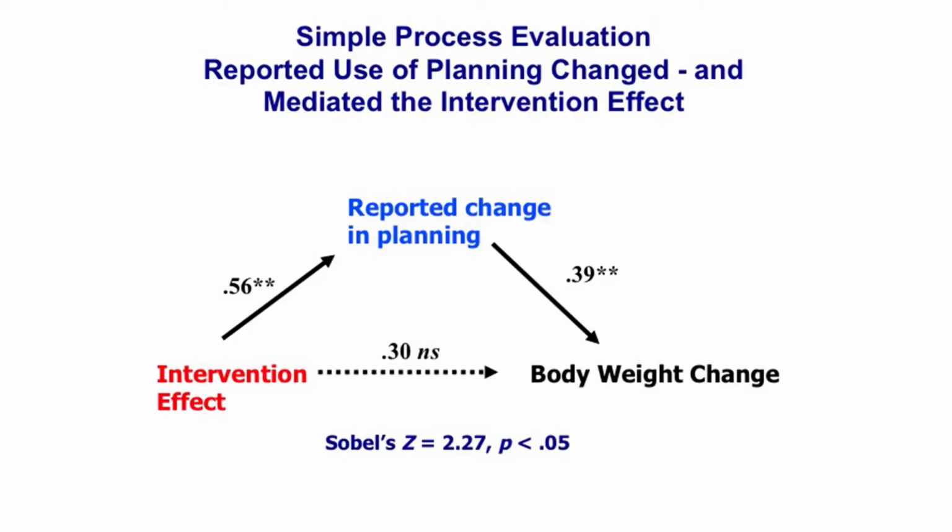So statistically we say that the extra planning mediated or explained the weight loss. This is a very simple process evaluation, and this suggests that our intervention worked in the way that we predicted. We taught them how to do additional planning, and that seemed to account for the additional weight that they lost.